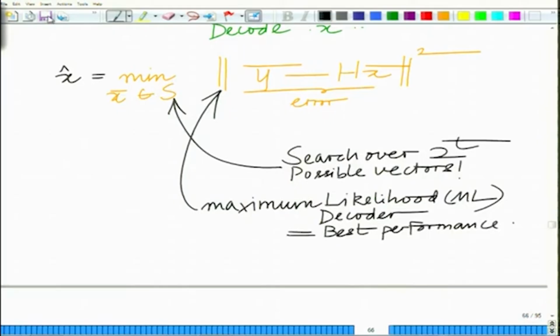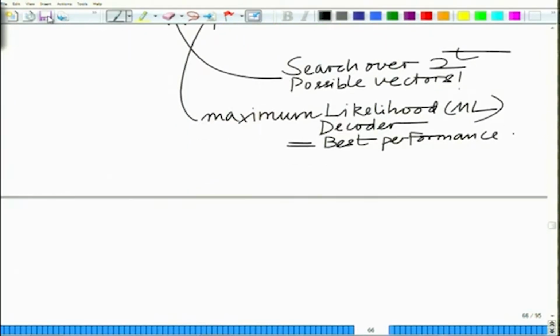Now, you want to apply the maximum likelihood decoder, but you have to perform a search over 2 raised to the power of t vectors, which is increasingly complex as t increases.